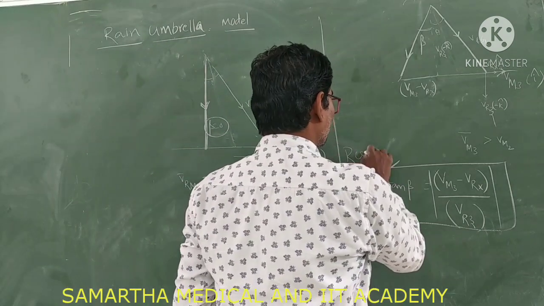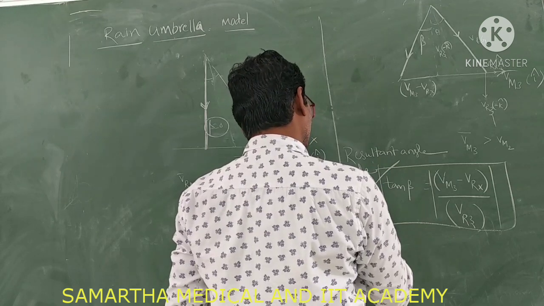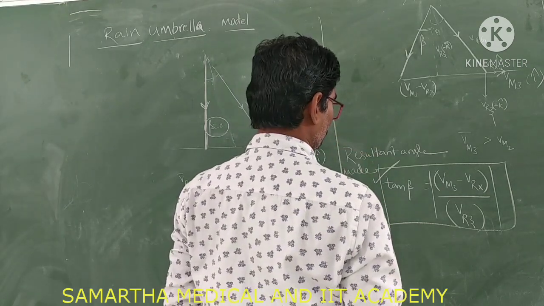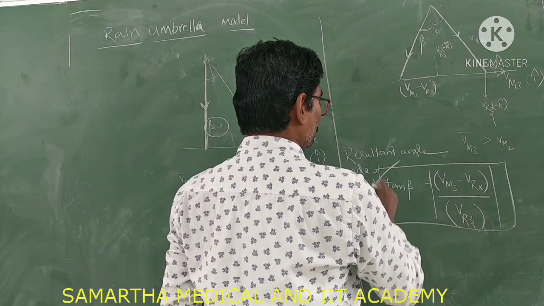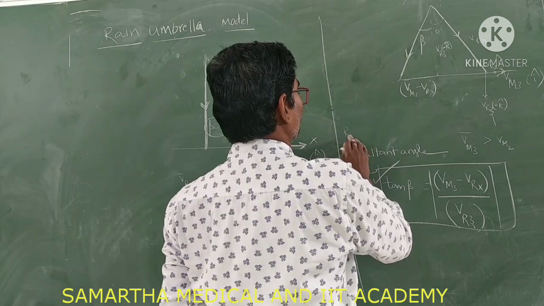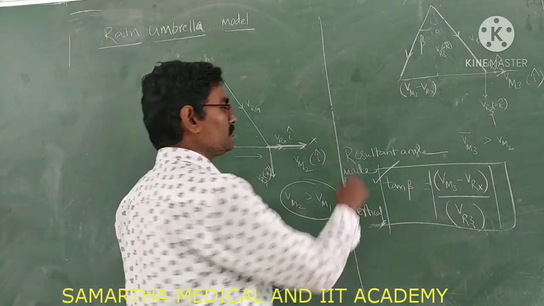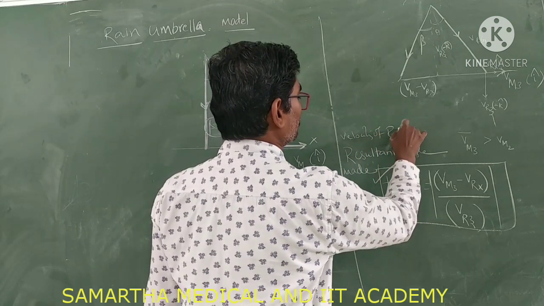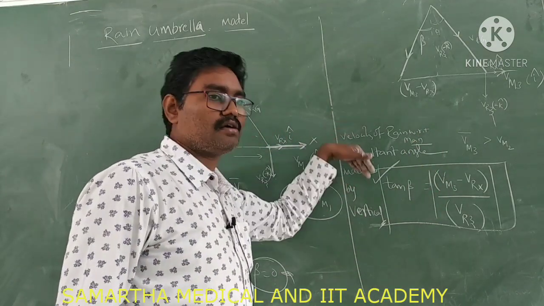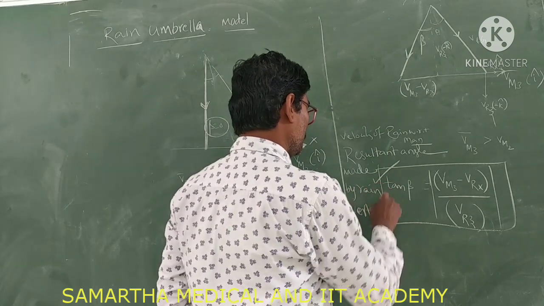Now, the resultant angle made by the velocity of rain with respect to man with the vertical.